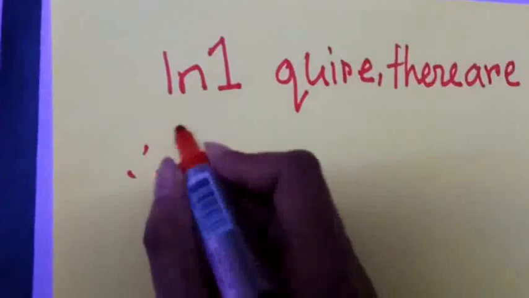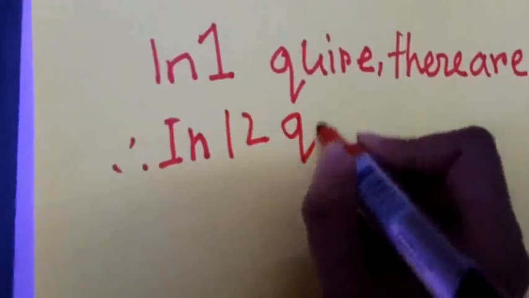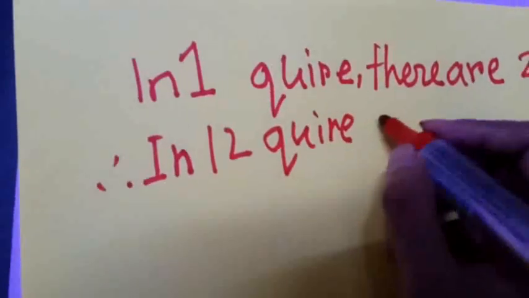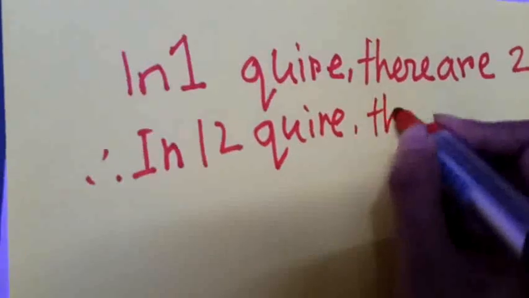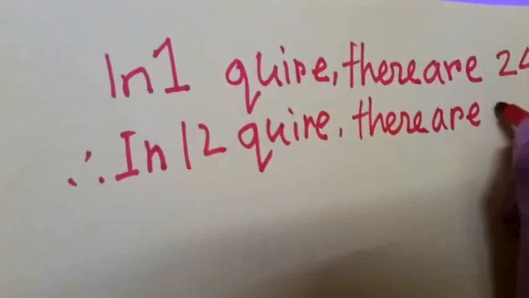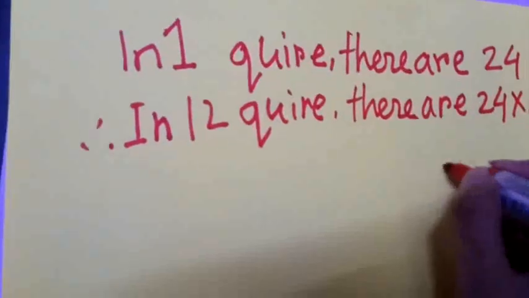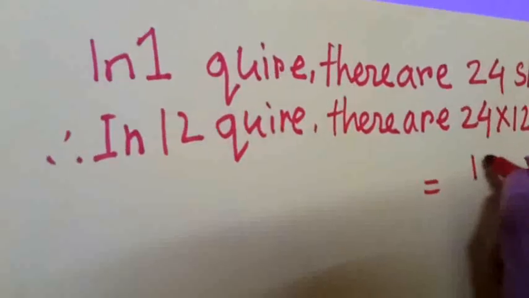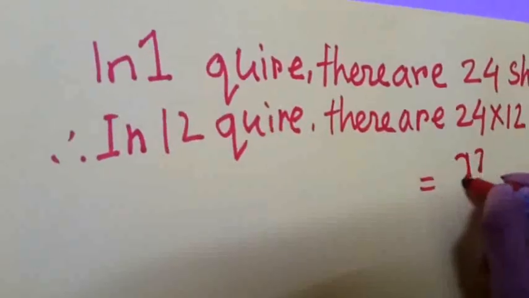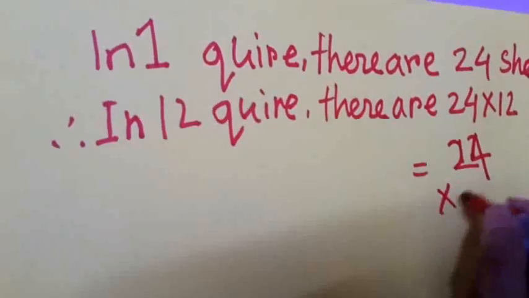Therefore, how many quires do we need? 12 quires is equal to 24 multiplied by 12.